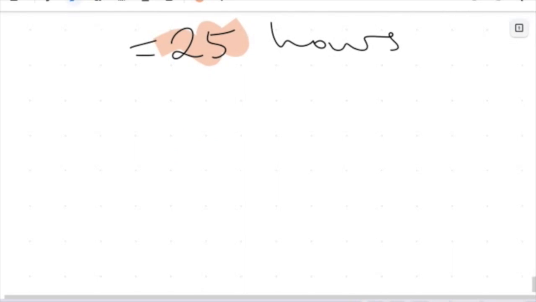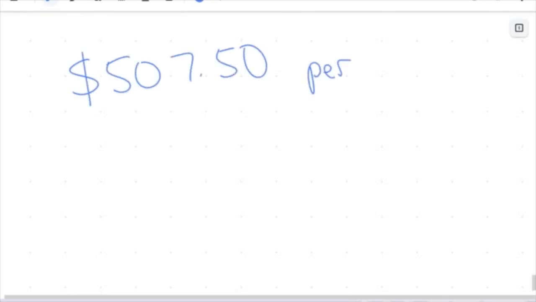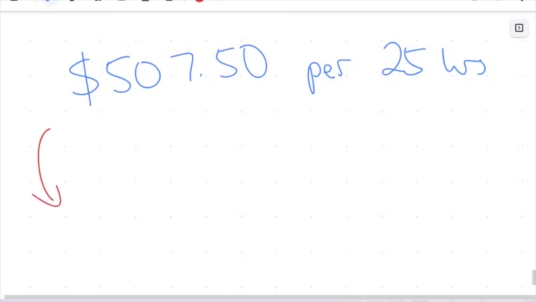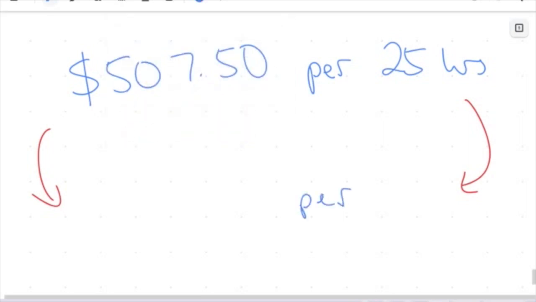Now that we have this total, we know that we have made $507.50 per 25 hours. And now to find the hourly rate, because this is a wage, it's a rate per 1 hour.